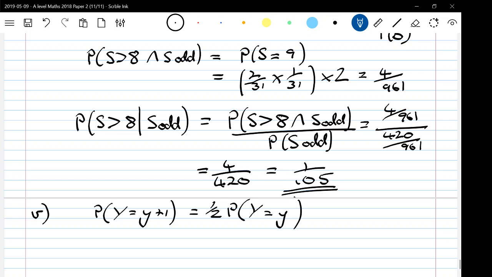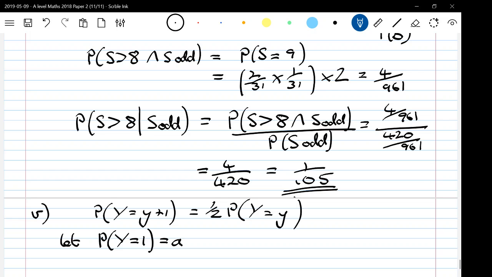Right, let's think about what this means. The probability of Y being equal to 1, well, it's set up in the same way as the previous one, isn't it? So let's allocate it the same way. Let's say the probability of it being 1 is A. We're setting it up the same way as the first part because it's got the same format.